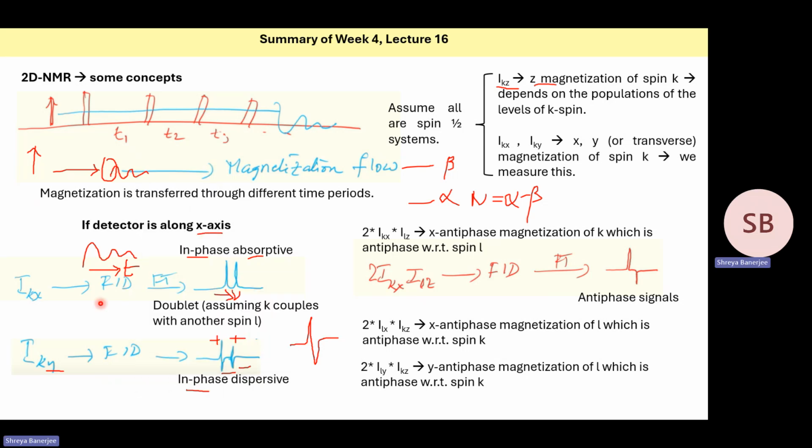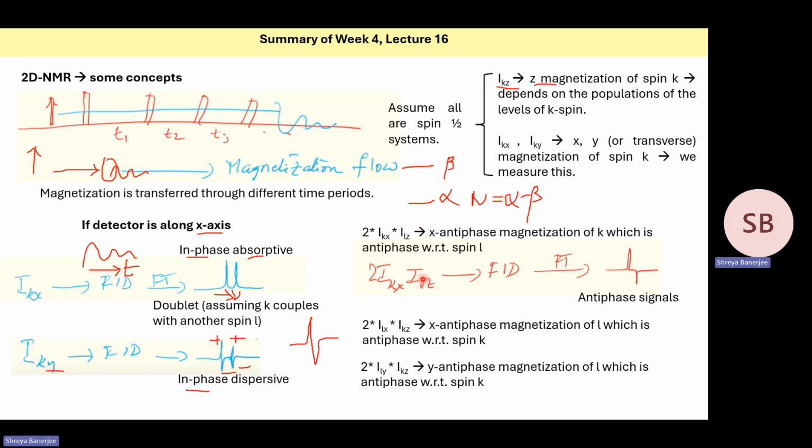Now these are magnetizations of only one spin, that is spin K. What if you have spin K coupling with some other spin L? Then there are some terms that come. These terms depict what happens when two spins interact. If you have a term 2IKX ILZ, this means K spin has X magnetization and L spin has Z magnetization.